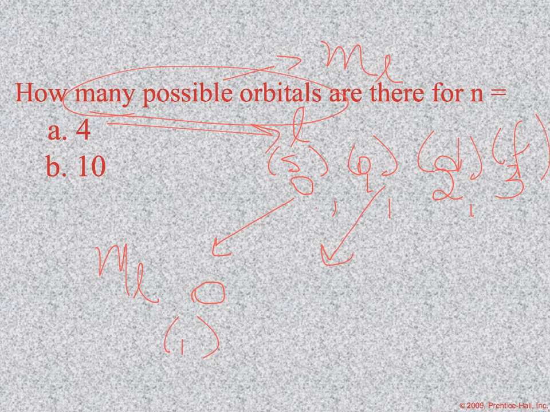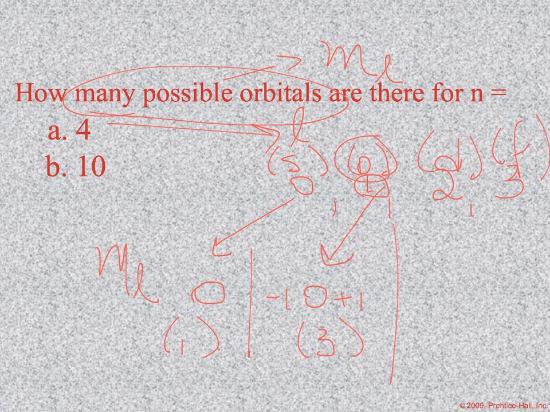If L is 1, if it's a p sublevel, the values of m sub L can be -1, 0, and +1. In other words, there are 3 m sub L values, or 3 orbitals, if we're talking about a p sublevel.